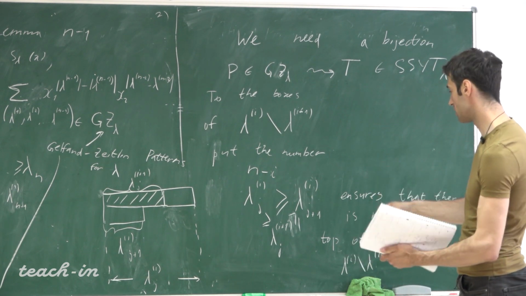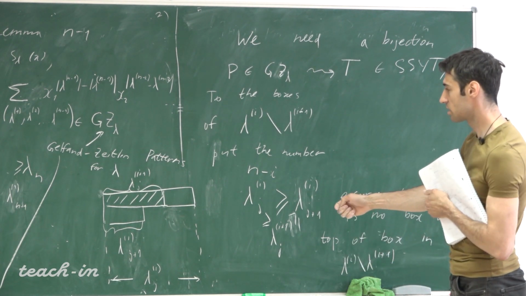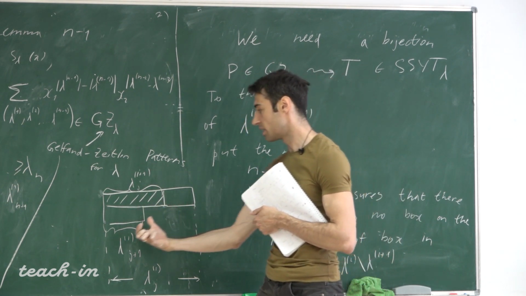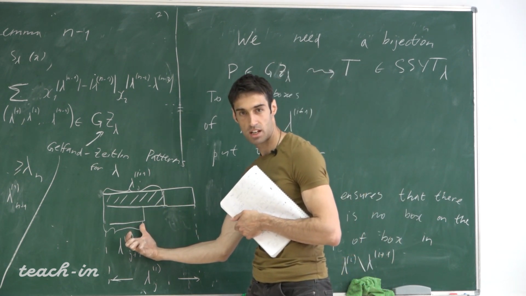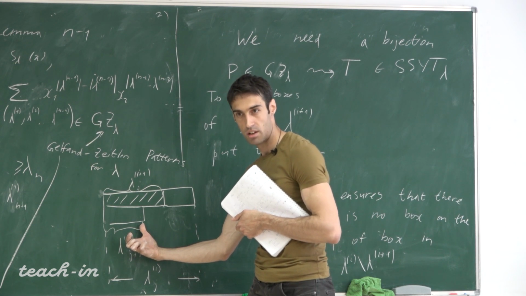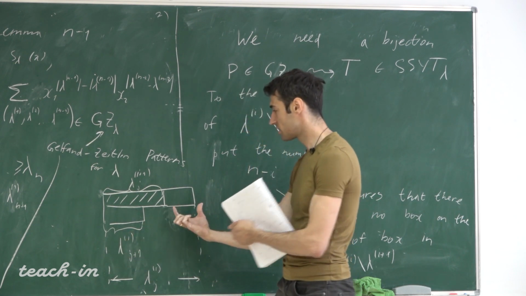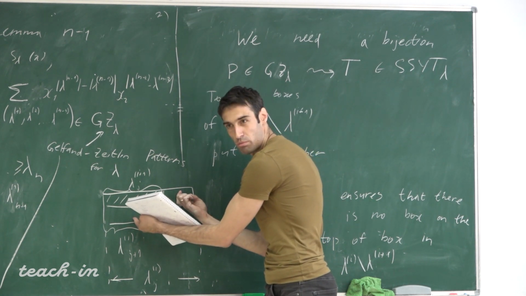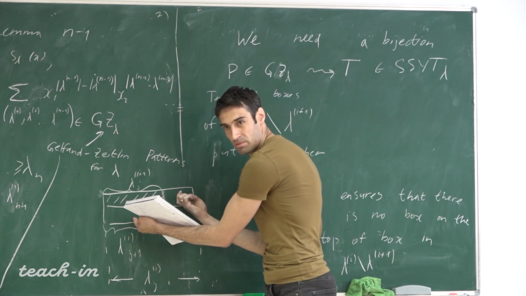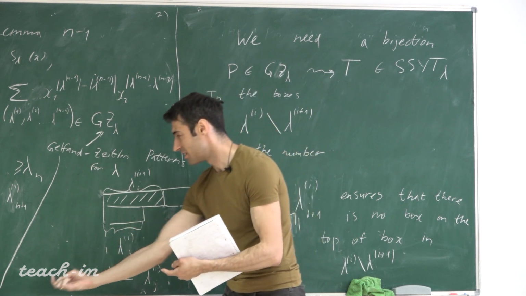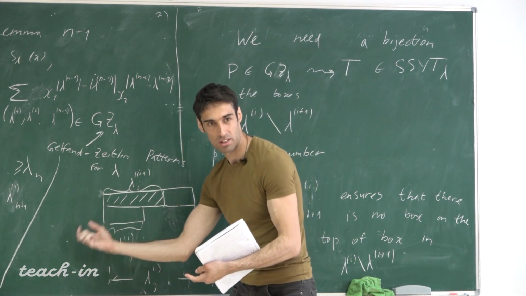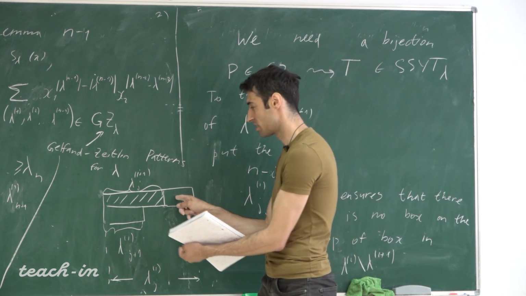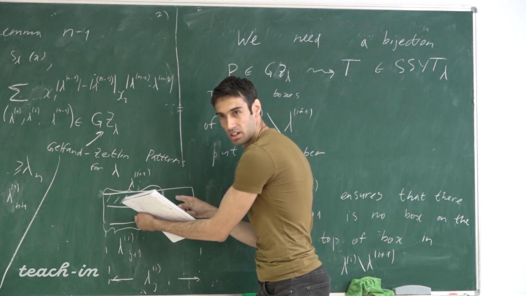So locally, inclusion is given like this. That's what I mean. You see, lambda j plus 1 is between this one and this one. That's exactly the condition in Gelfand-Zeitlin patterns. But this means that boxes from here never can be on the top of boxes in here. And the same is for any, if you go deep, downstairs, you also have boxes in here on the top of boxes in here.